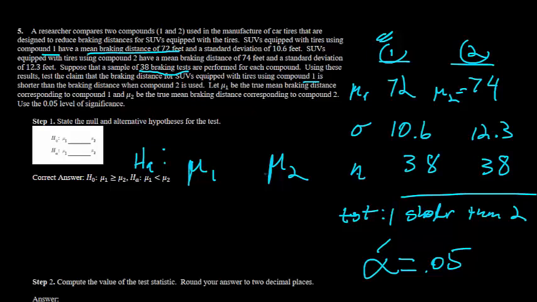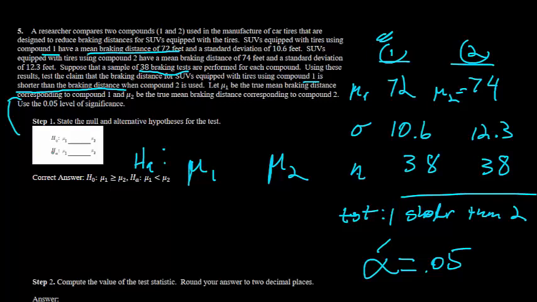Well, that's not what the question is asking, right? The question is asking to test the claim that the braking distance with tires using compound 1 is shorter than the braking distance with compound 2. Don't automatically assume, when you get a t-test for differences, that you're automatically going to do unequals.